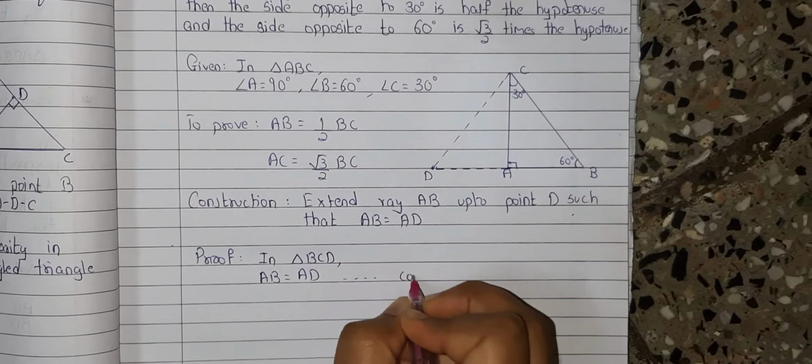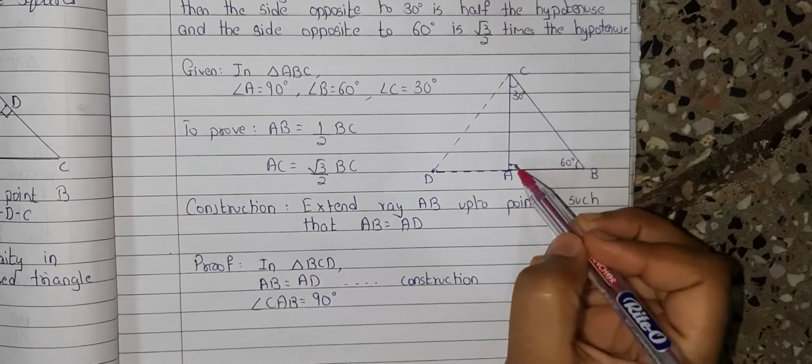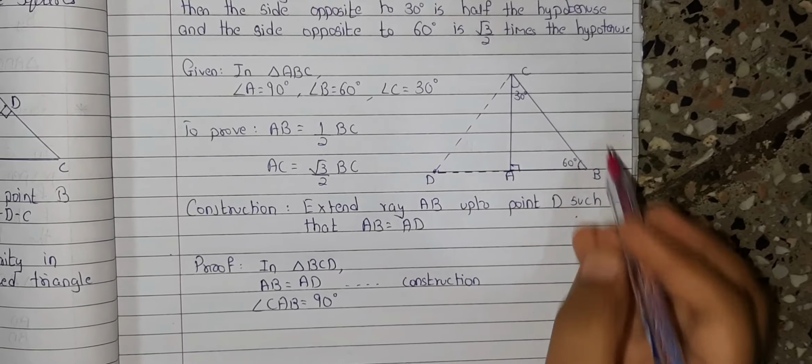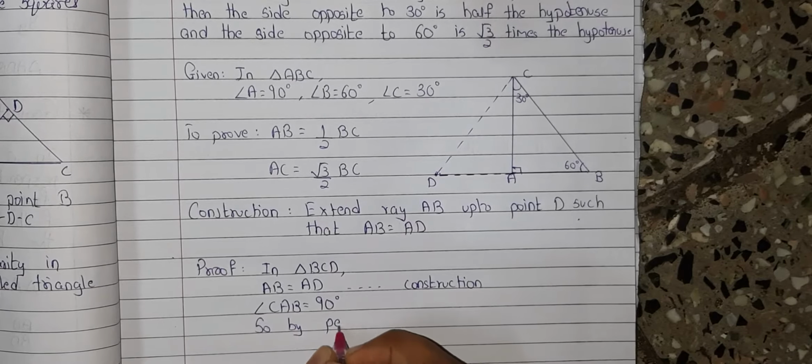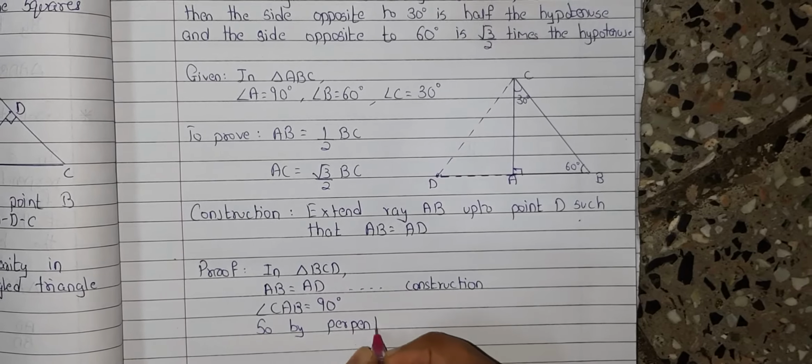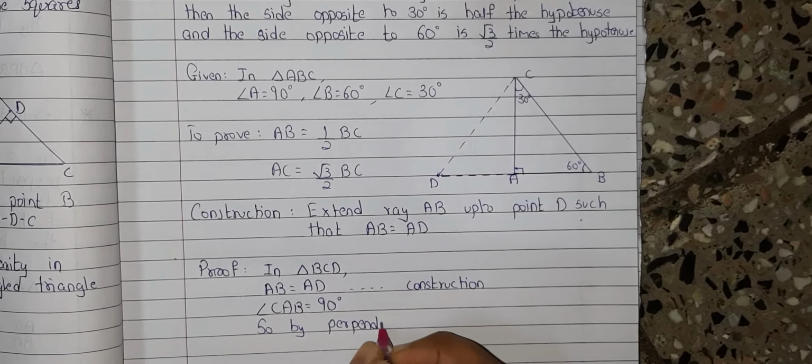Also angle CAB is equal to 90 degree, as this is a right angle triangle. So by perpendicular bisector theorem, we can say that point C is at equal distance from point D and B.